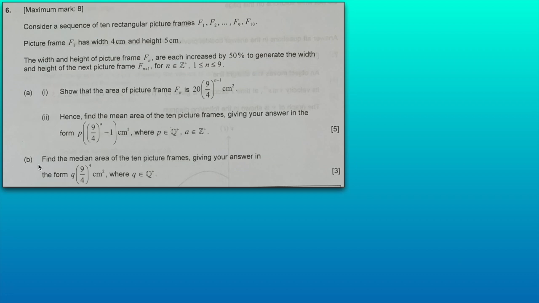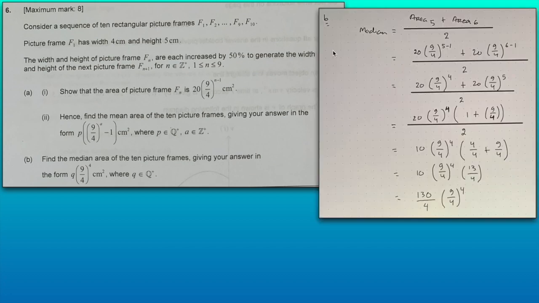Next, question 6B, find the median area of the 10 picture frames, giving your answer in this form. Well, the median is equal to the average of the two middle areas, which are area 5 plus area 6, and that's equal to 20 multiplied by 9/4, we're using this formula, by the way, to the power of 5 minus 1, plus 20 by 9/4 to the power of 6 minus 1.